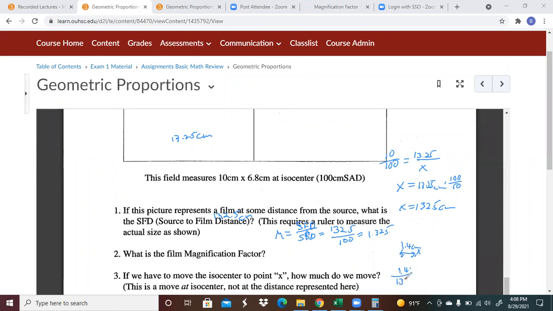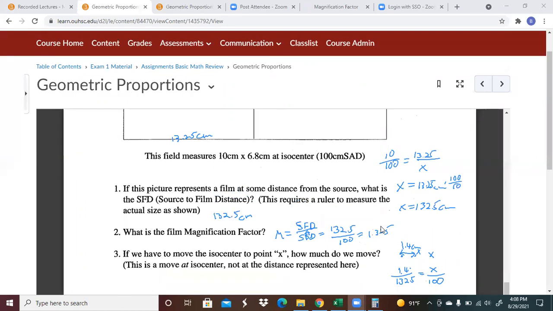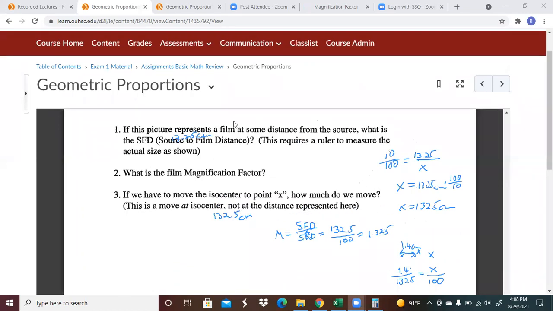So since you've got 1.4 at 132.5, equals what at 100? In this particular case, X turns out to be 1.4 times 100 over 132.5.